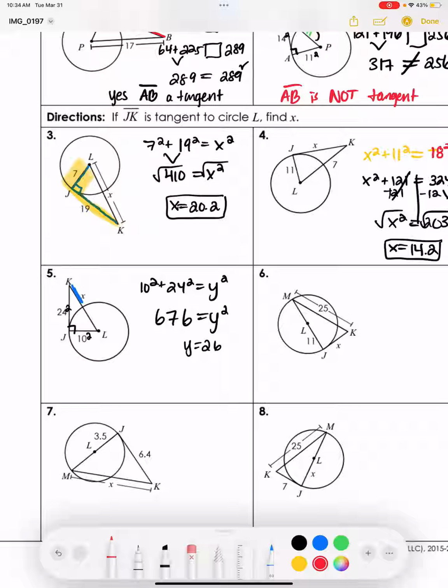And if from the edge of the circle to L it's 10, but the whole blue line is 26, then x would just be 16 because you subtract them, right? X plus 10 is 26, so then subtract 10, x is going to be 16. The other side was 10, and when you add them, you get the 26.